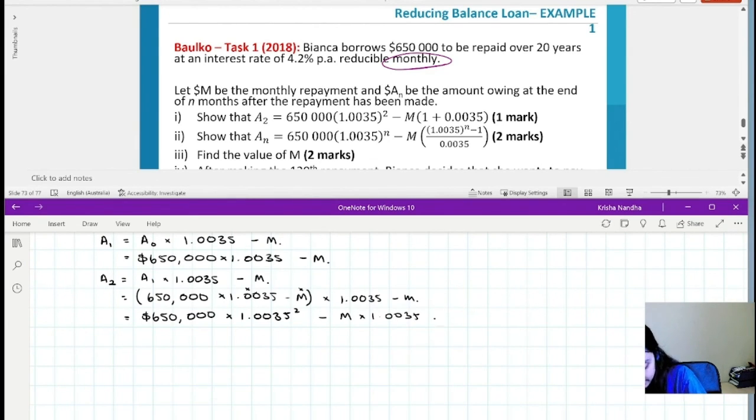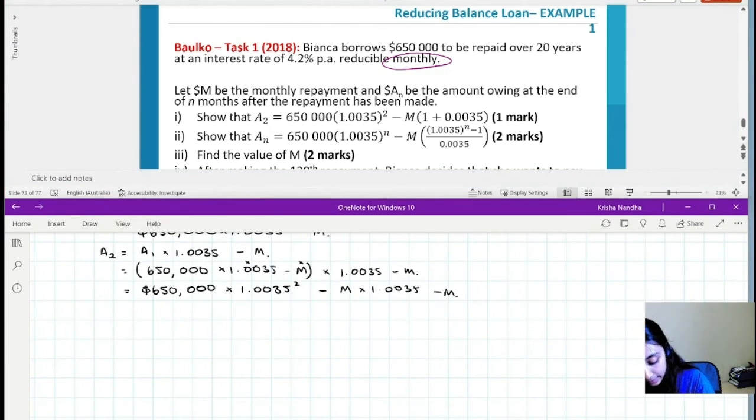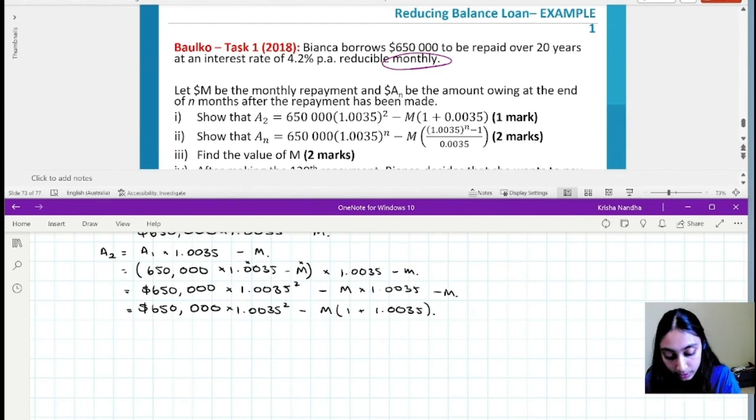So minus M. Now, that isn't the full way that these guys have written it. They've written it as like this is the same, but on the side over here, they take M out as a common factor. So it'll be 650,000 times 1.0035 squared minus M. I'm going to put this one to the front, so it'll just be 1 plus 1.0035, okay? Which is exactly what I asked for.